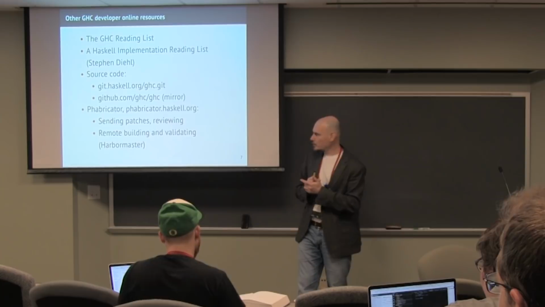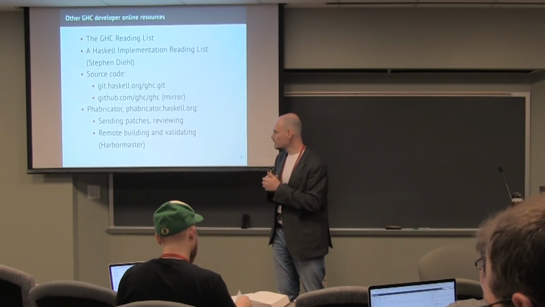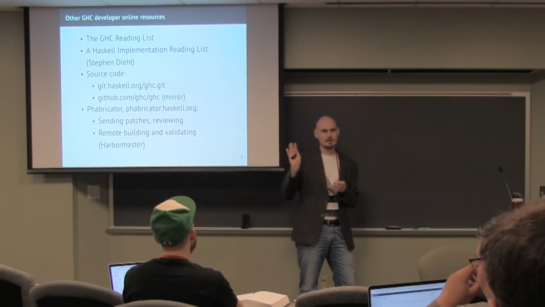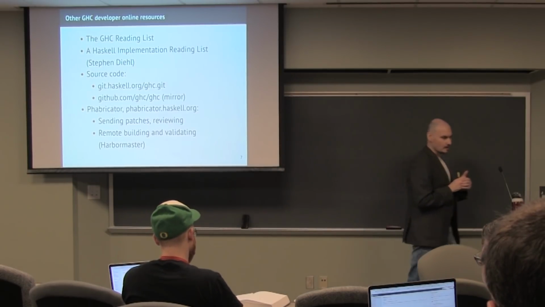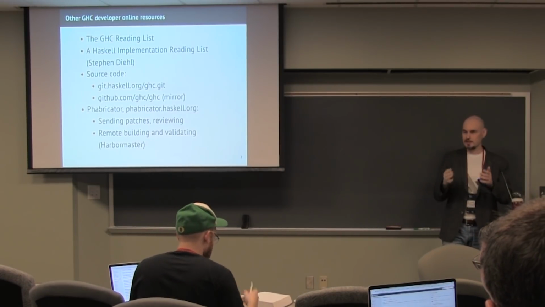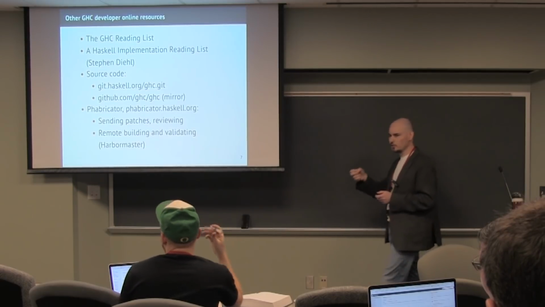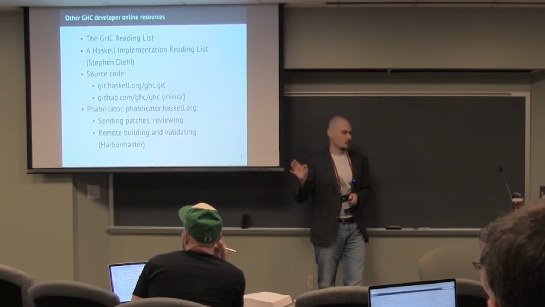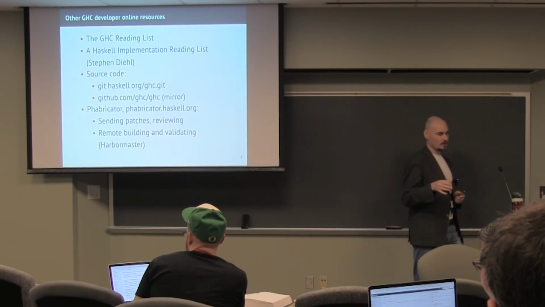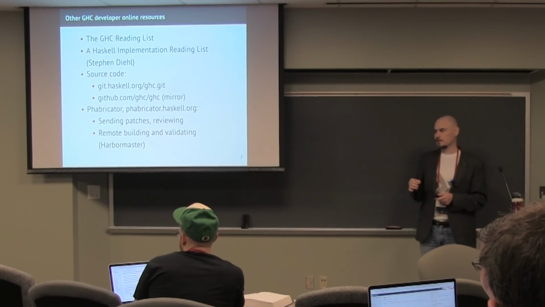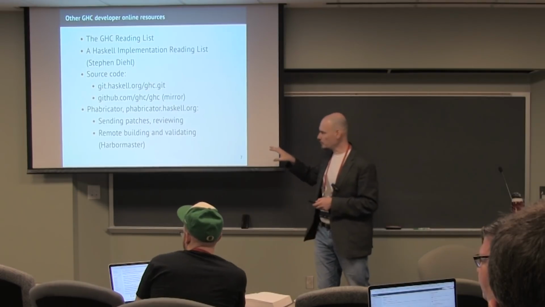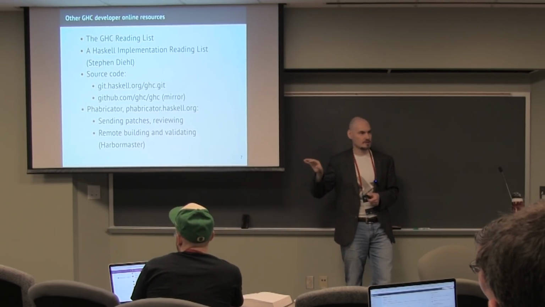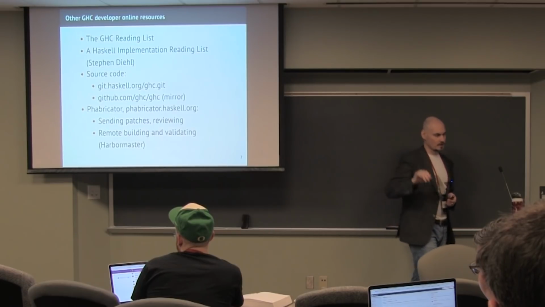Instead, you should use Phabricator, this tool from, I think, Facebook. We use it for sending patches and for reviewing them. There are also tools for building and for validating code. This code base has a big test suite, and validating it takes like 2 or 3 hours.